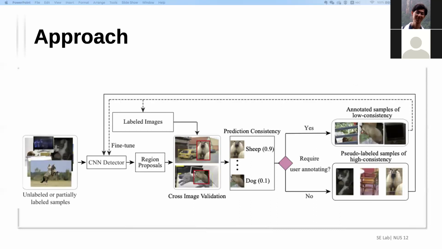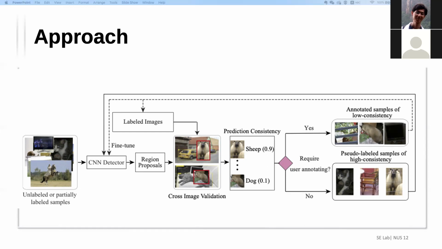Okay, keep going on. Maybe if you see this picture, then it's clearer. This is the overall approach. First, we start with a pool of unlabeled or partially labeled samples. Then we call the current object detector to predict some region proposals. After that, for each proposal, I compute the consistency score defined by the paper.